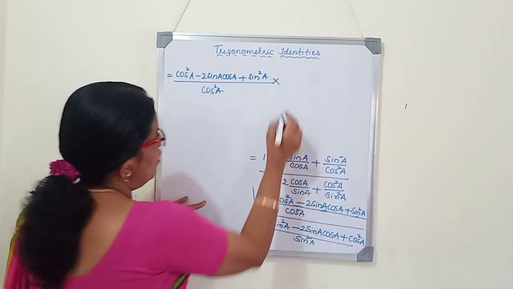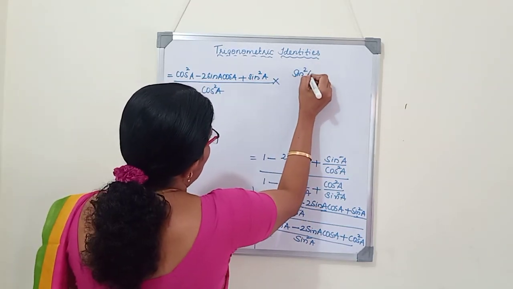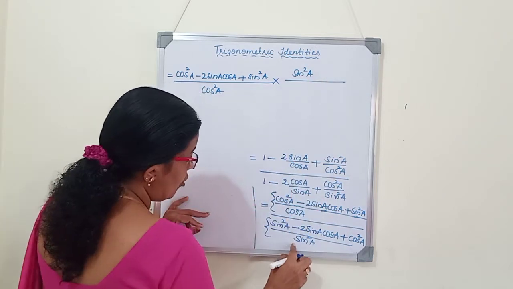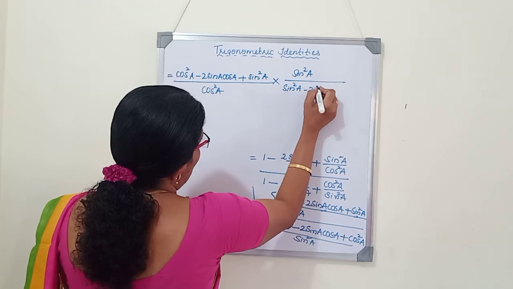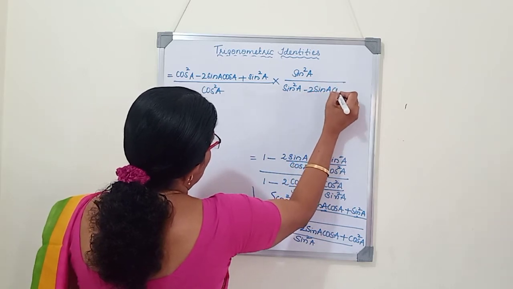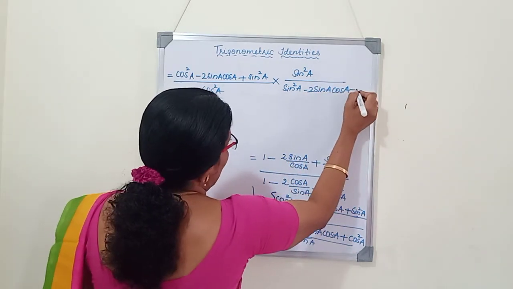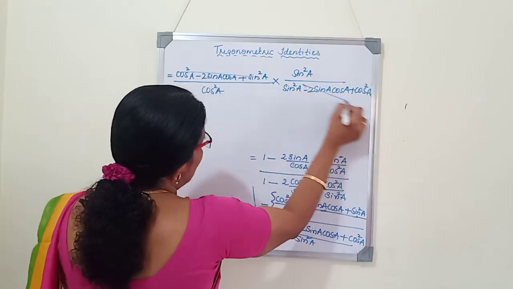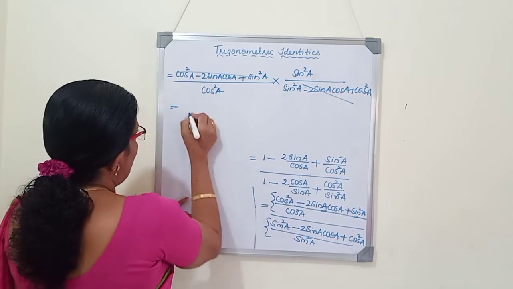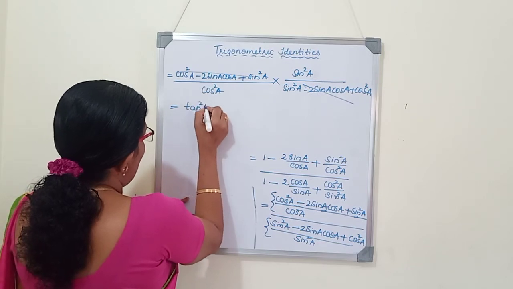Now when you take the reciprocal, sin square A will go to the top, and the remaining term I'll write down: sin square A minus 2 sin A cos A plus cos square A. See, this term and this term will cancel, and sin square A by cos square A becomes tan square A.